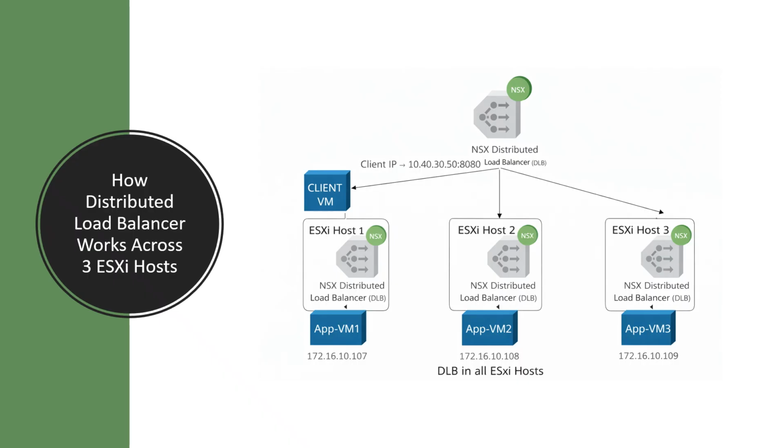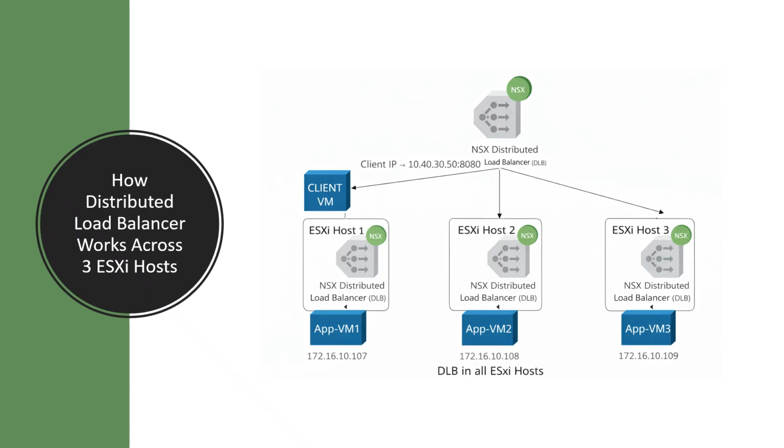The protocol here is TCP, right? Based on this hash, the load balancer selects one backend VM. It may go to app VM1, for the next connection it may go to app VM2, and for the next connection it may go to app VM3. This is how the load is distributed.